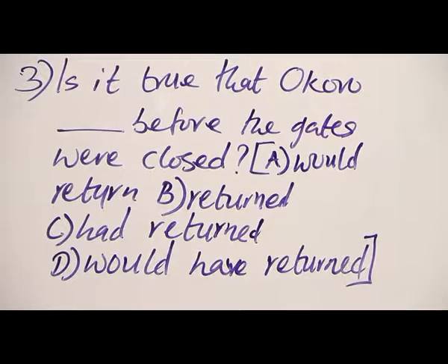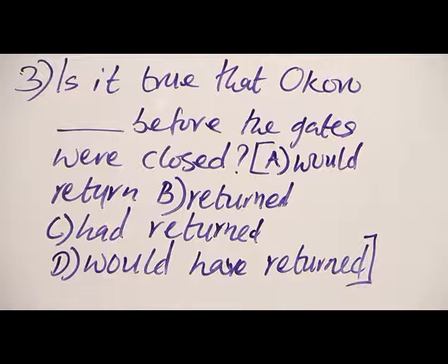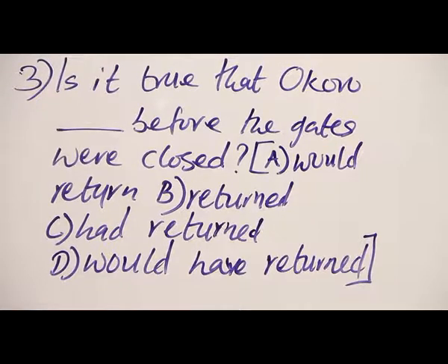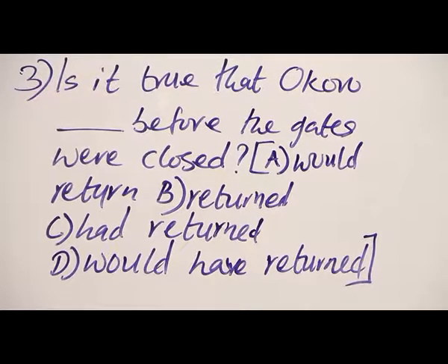Now, what should be our answer? First of all, we can remove A. Is it true that Okoro would return? If we take that as an answer, then the other part would be, before the gates would have been closed, to be appropriate. So since the other part is not captured that way, we can't even begin to think about A as an answer.